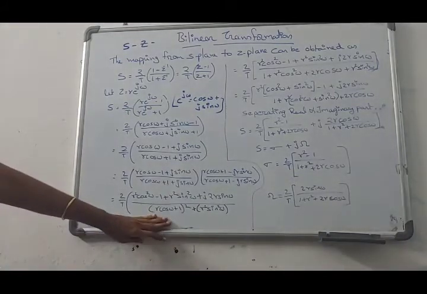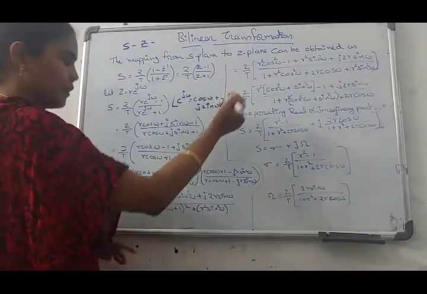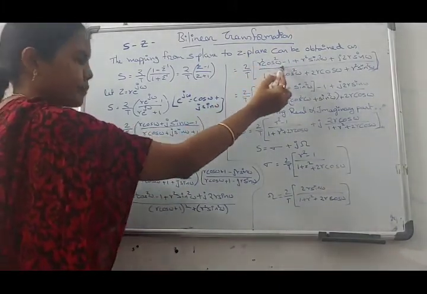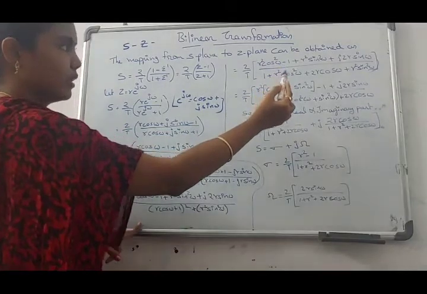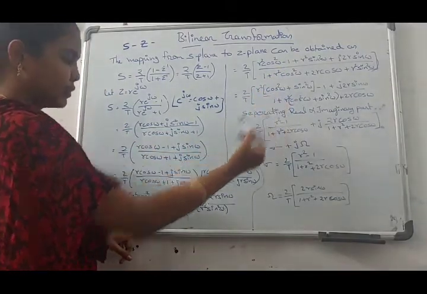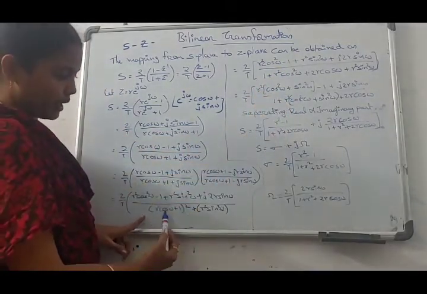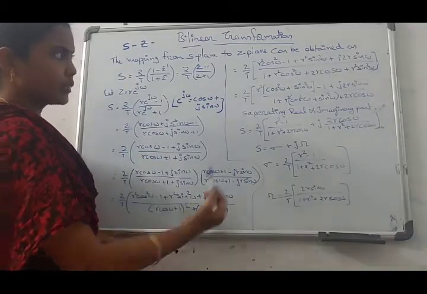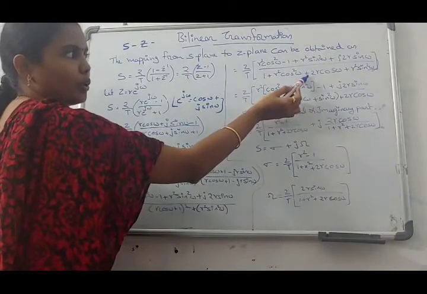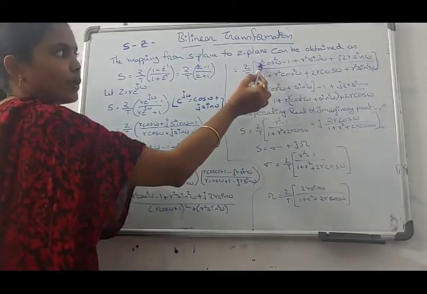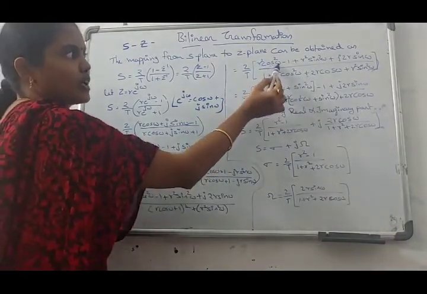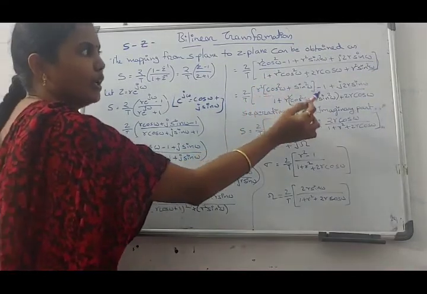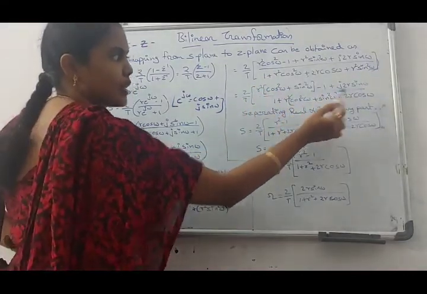In the numerator, take r square common. In the denominator, the part in the form (a plus b) whole square is written as a square plus b square plus 2ab, and then r square is taken common. The remaining terms are cos square omega plus sin square omega minus 1 plus j 2r sin omega.